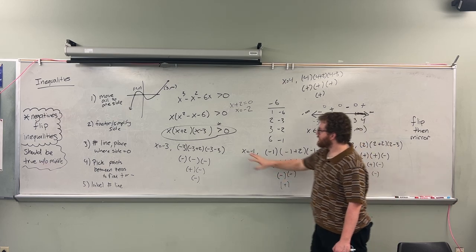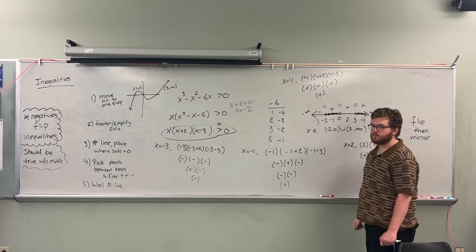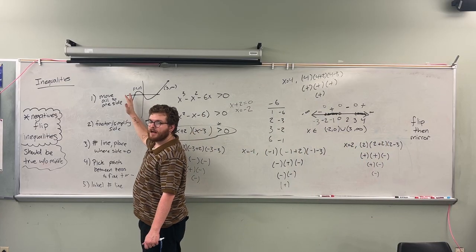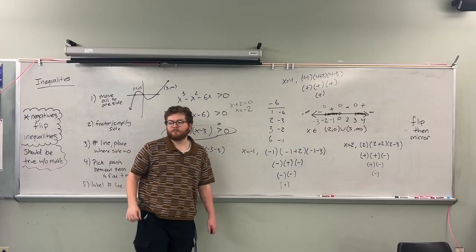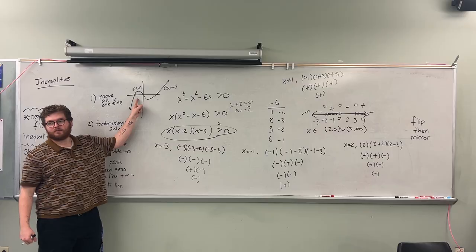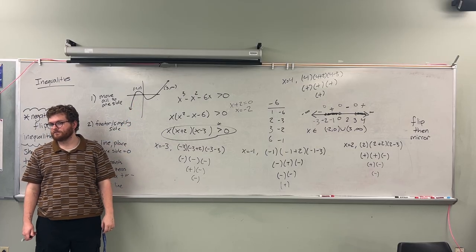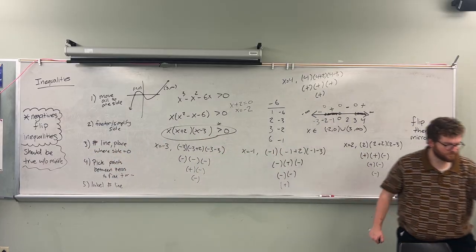What we did here was finding if it's positive or negative in between the values. So basically, just with numbers graphing it out and then seeing if it's above or below the x-axis by just picking random points. Because if any point between these is above the x-axis, every point between them is above the x-axis. When you go on to do calculus, you'll see a lot more stuff like that.